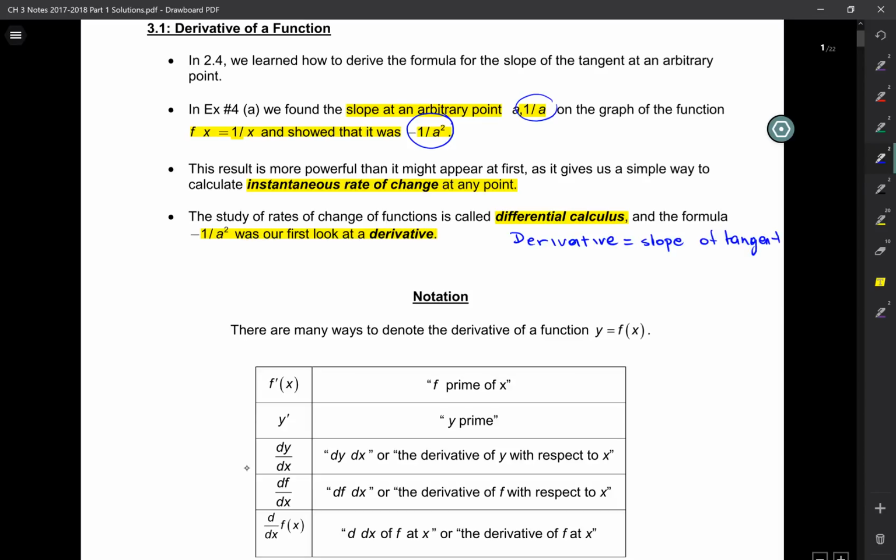And it's another word for rate of change. So if you're walking down the street and somebody says, hey, what's derivative? You say, it's rate of change. It's the slope of the tangent.